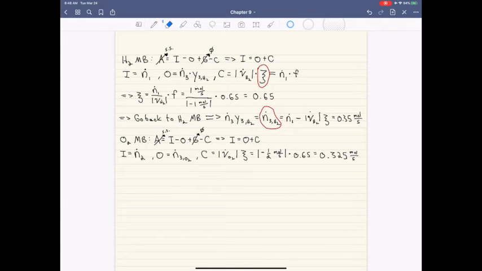All right, and so now that we have this material balance, what we could do is rearrange the material balance. And really the only unknown we have left is the oxygen flow rate in stream 3. And we know that it's just going to be equal to N2 minus this stuff.